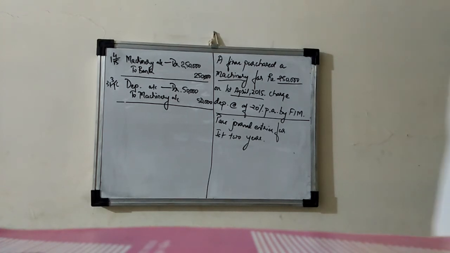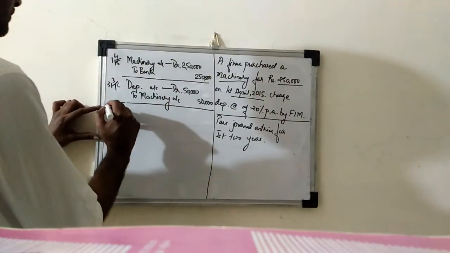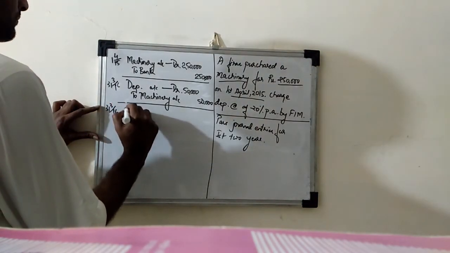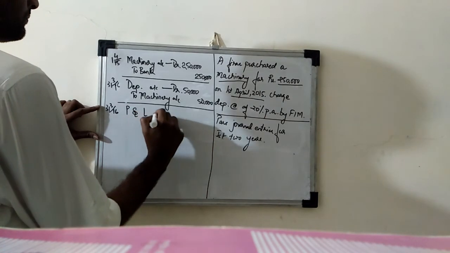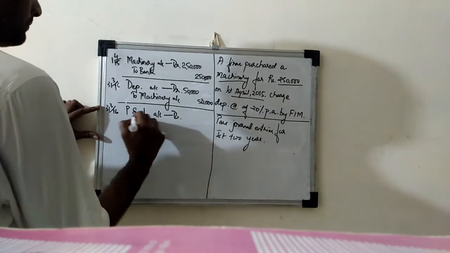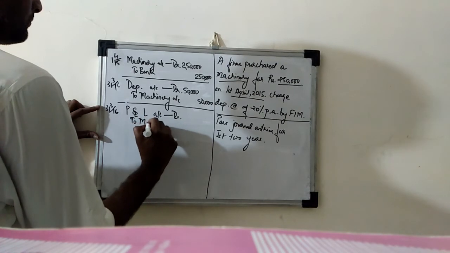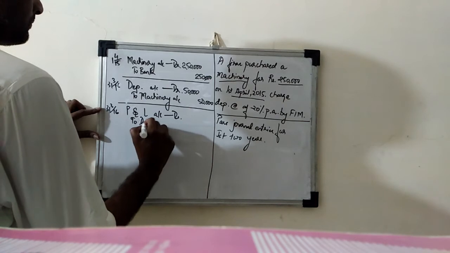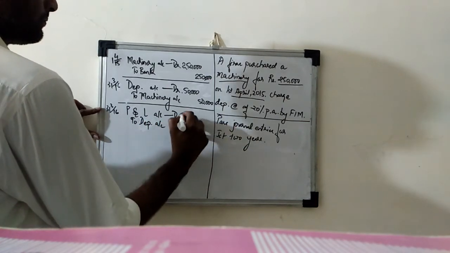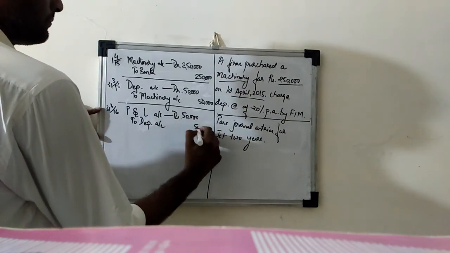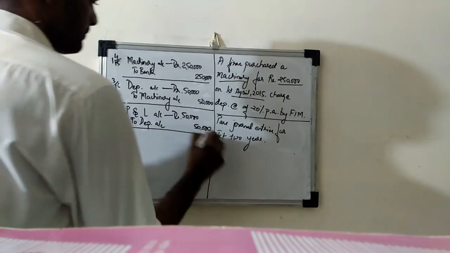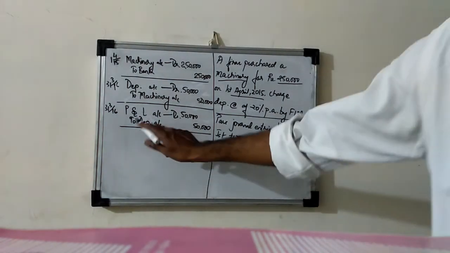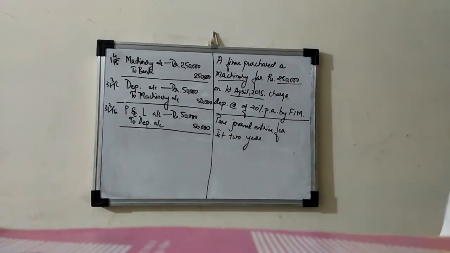So our third entry will be profit and loss account debited to depreciation account.